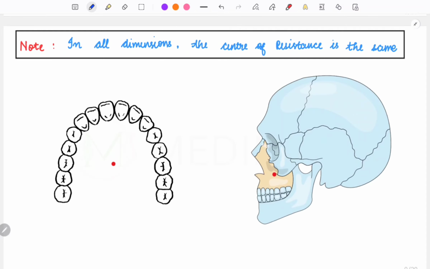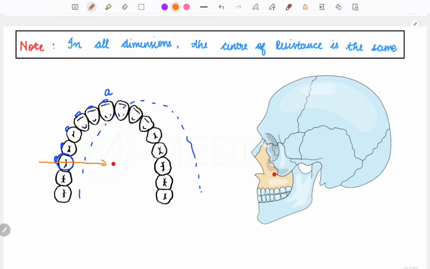If you want to move this whole arch, then we need to again attach the buccal tube and all your brackets. Then from this point A, it will move to point B as a whole unit only if force is applied through this center of resistance.